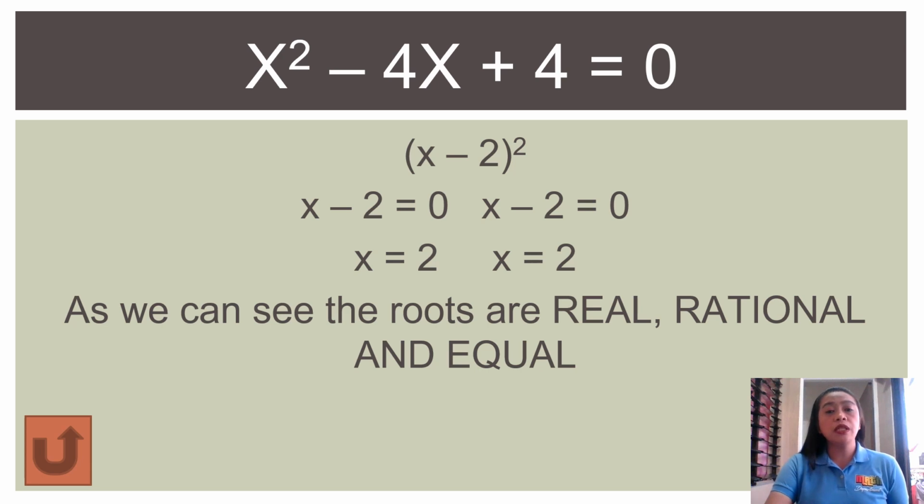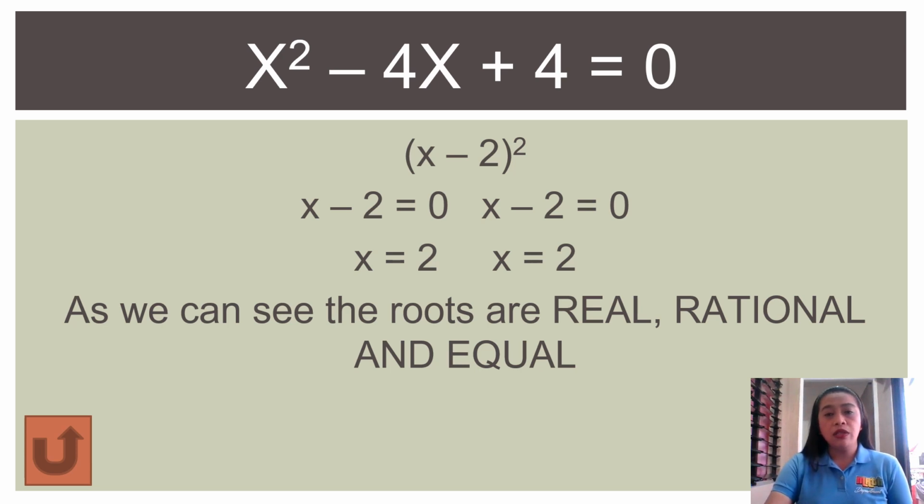So the value is x minus 2 equals 0. So the two values are 2. We notice 2 is real. This is also rational. And they are equal. They are both 2. So again, if the result is 0 on our discriminant after substitution, the nature of root is real, rational, and equal.